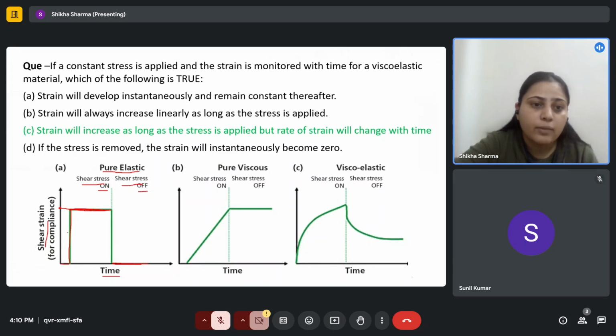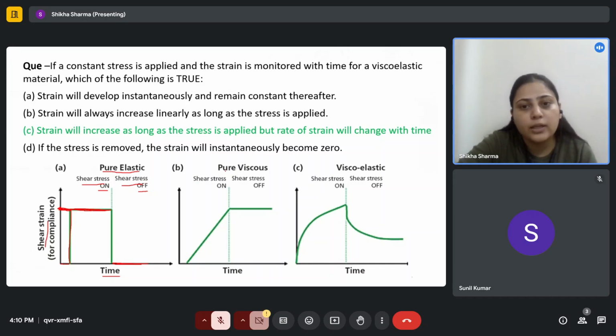When we have applied the stress, there will be some strain in the pure elastic material, and as soon as the stress is removed, the strain will again be zero, because the elastic material, like a rubber, will try to come into its original shape and be in the relaxed state again. So there will be zero strain after we remove the stress.